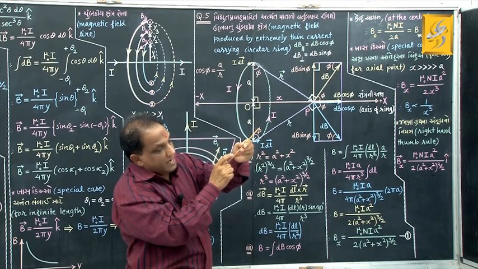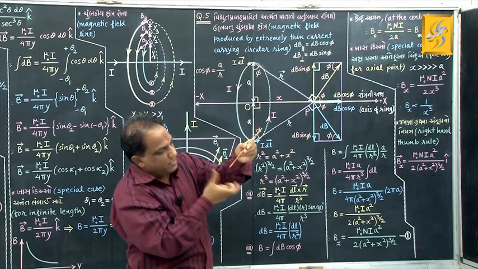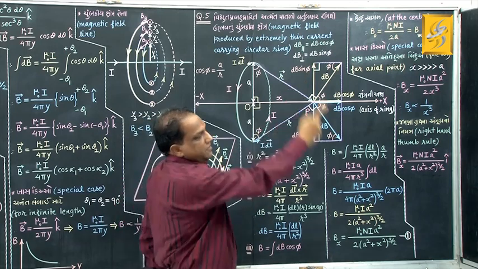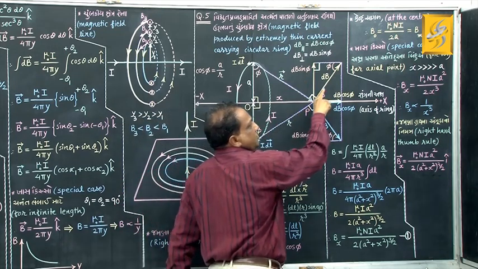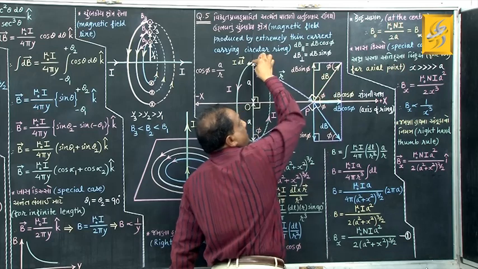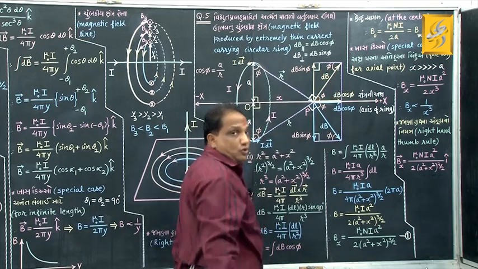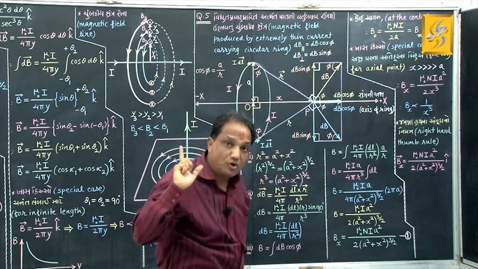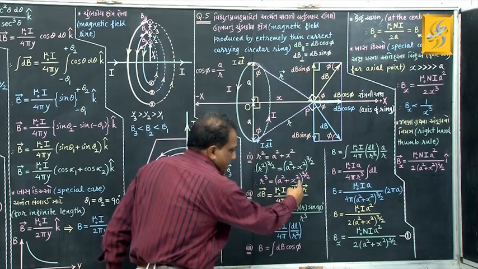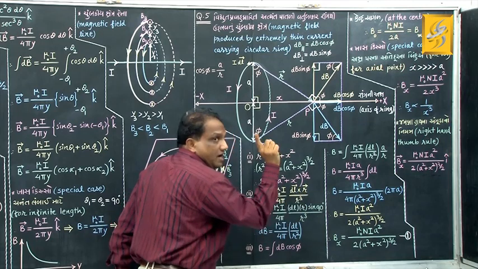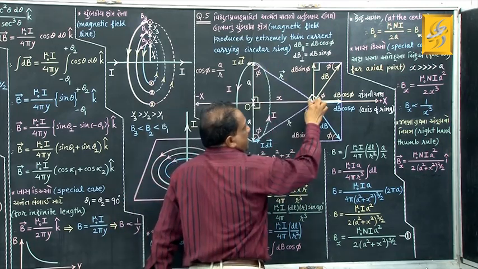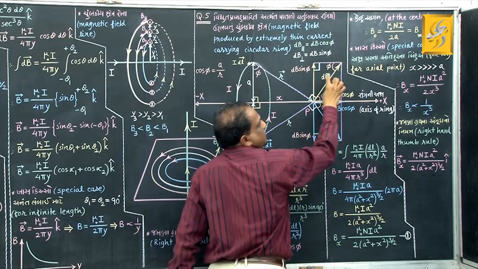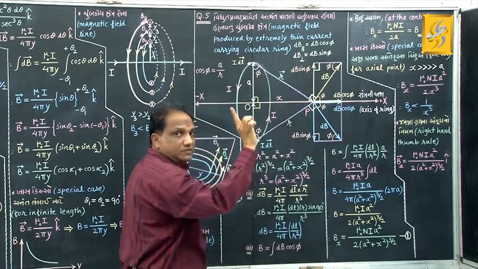Now, if I rotate the same right-handed screw this way, it will advance in this direction, which is perpendicular to vector r. Don't you know? Direction of a vector product is always perpendicular to both the component vectors. So, direction of this will be definitely perpendicular to vector r. So, perpendicular to this vector r is this direction, which is direction of vector dB, correct?